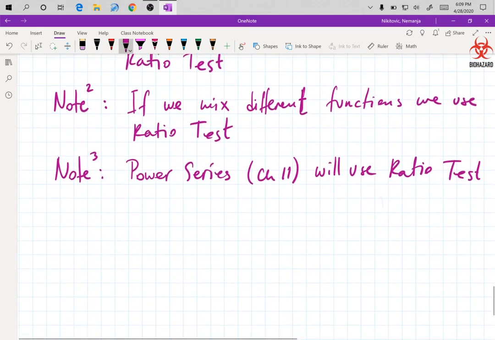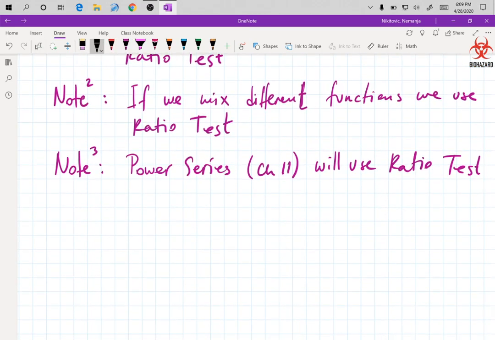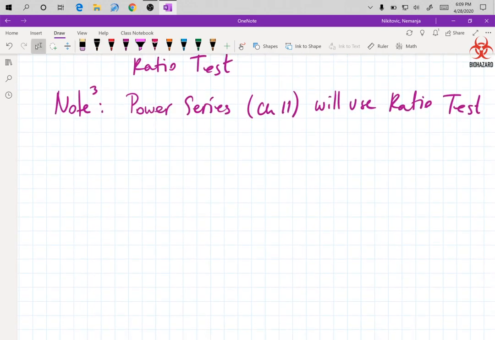So yeah, get on board, right? Let's take a look at a few of these. So we always divide the next term, which is an plus 1, by an, and an is what's given to you in the problem. So say you have a good old geometric series test from 0 to infinity.